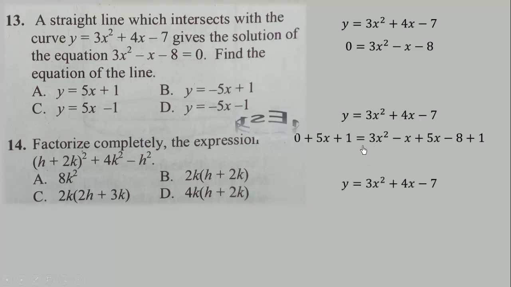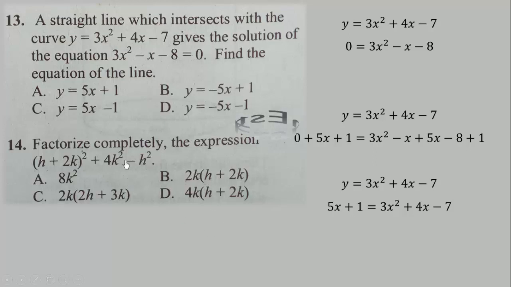So that's what we did here. We added 5x to this and added 1 to this. So that will give us this equation. And you can see that these on the right hand side are the same. Therefore, the left hand side must also be the same. So the equation of the line is y equals 5x plus 1.